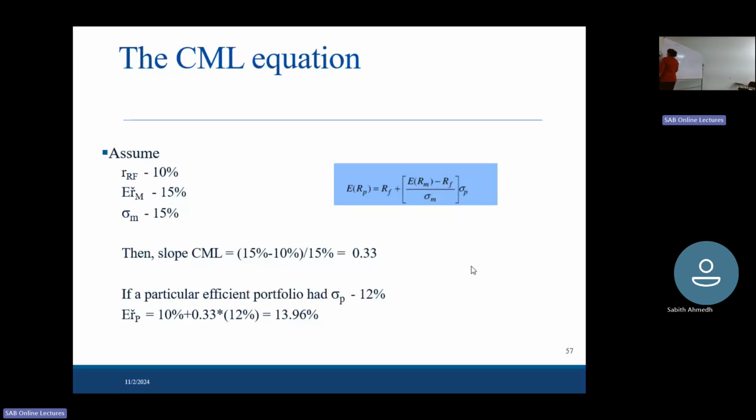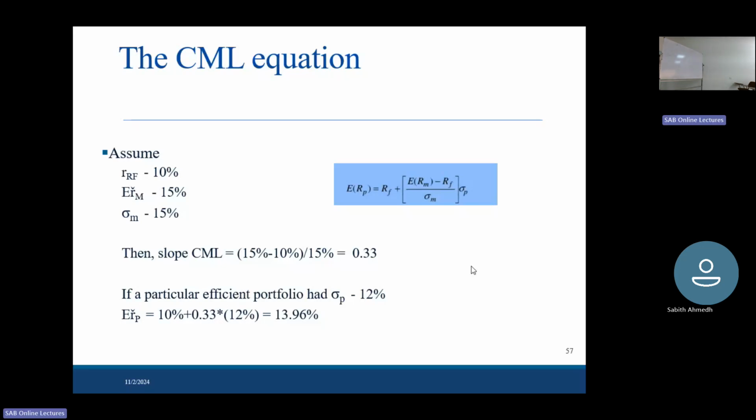So you will get the slope as 0.3. This is the slope, so this is the price of systematic risk. Right? Price of the systematic risk.